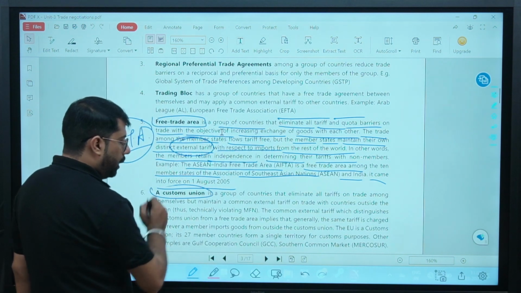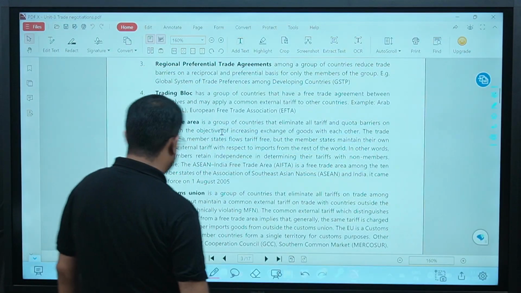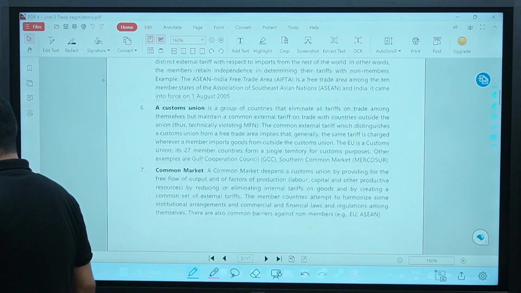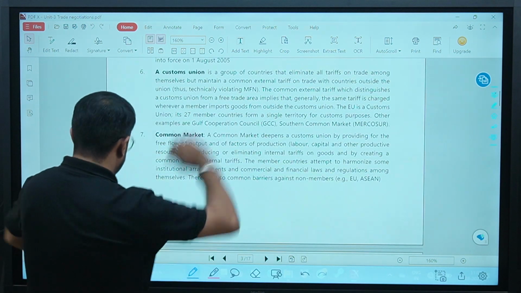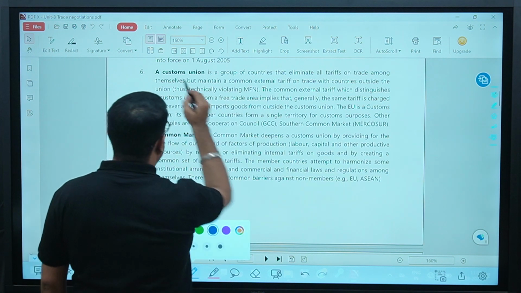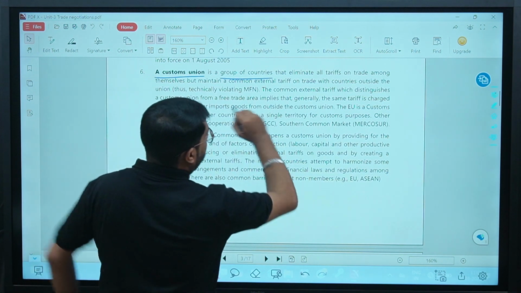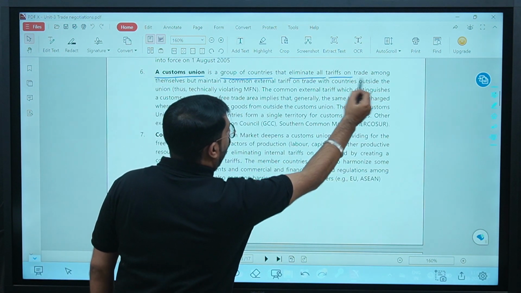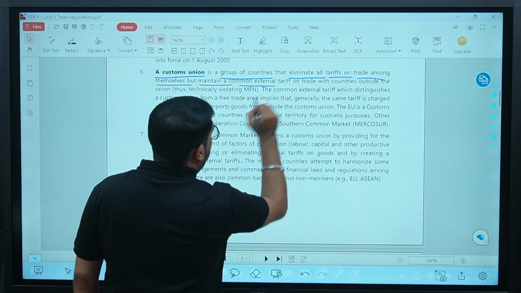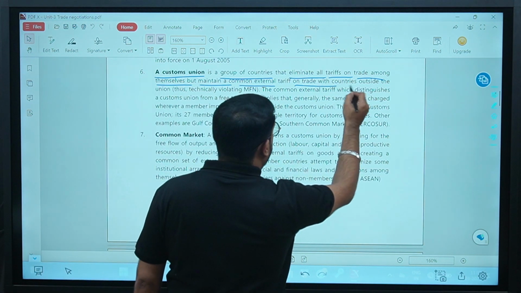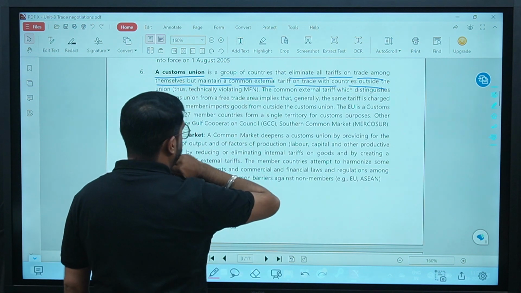Talking about a customs union now. A customs union is a group of countries that eliminate all tariffs on trade among themselves but maintain a common external tariff on trade with countries outside the union.